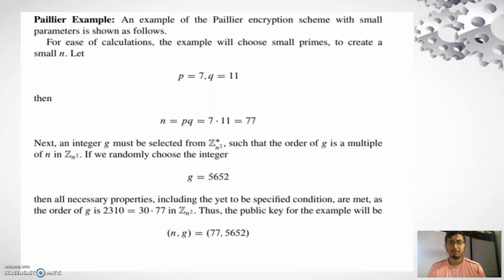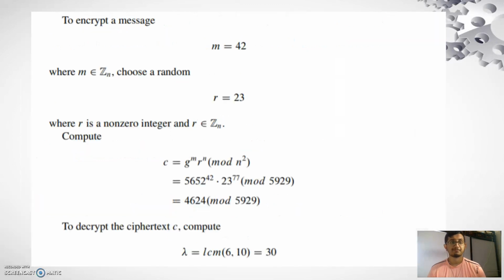Then all necessary properties, including the yet to be specified conditions, are met. The order of g is 2310, that is 30 into 77 in Z n square. All these criteria are satisfied. Therefore, the public key is n comma g. Now n is 77, that is 7 into 11, and g will be 5652. So now we get the public key.